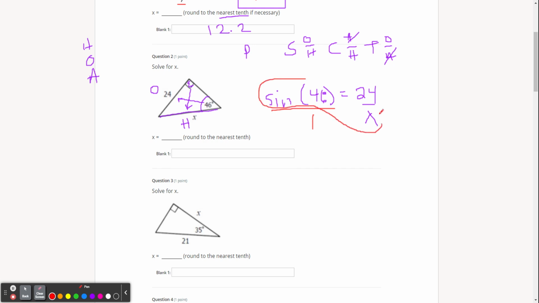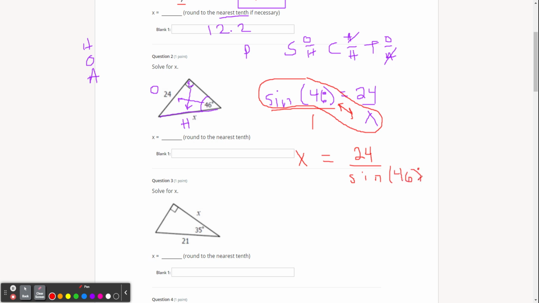When I try to cross multiply, can I do that in the calculator or do I run into a roadblock? If you run into a roadblock, all you got to do is use the commutative property of multiplication. The X and the sine 46 can switch places. So X equals 24 stays where it is, and we do sine 46.